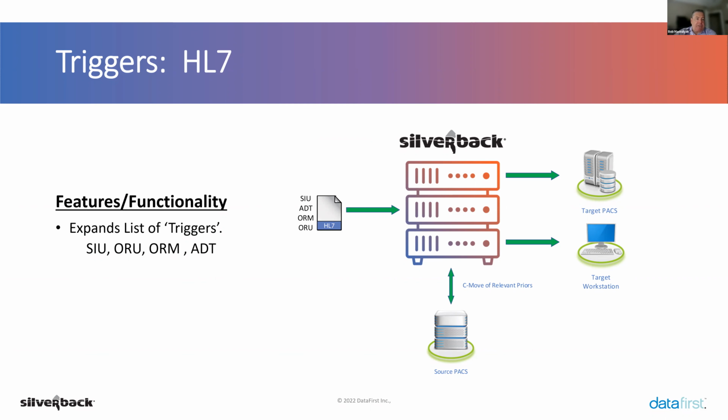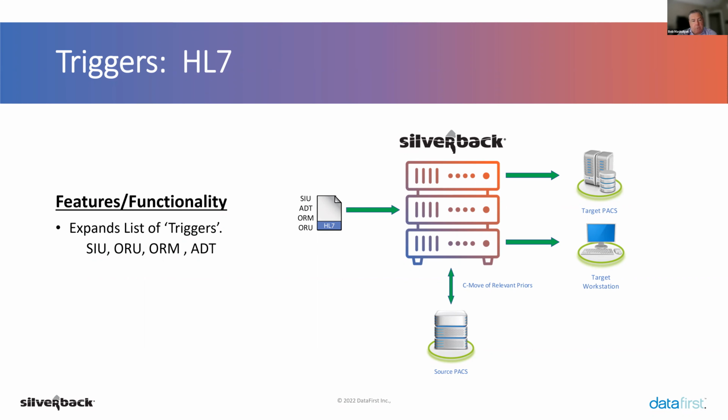Again, why is HL7 advantageous perhaps over modality worklist? It really has to do with when the modality worklist entry hits. That's configurable in most cases, but what we often see is the modality worklist entry isn't available until the patient's arrived in the department. And in many cases, that's a little late in the game to be able to actually serve up relevant priors, especially if it's a stroke or something a little more acute.